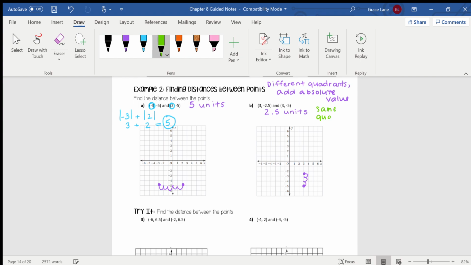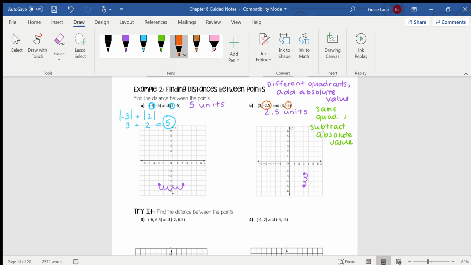I'm running out of room, so I'm going to write same quadrant. We're going to subtract the absolute value. And so again, I don't want to subtract the 3 and the 3 because that won't really tell me anything. You're subtracting the numbers that are different, so that would be the 2.5 and the 5.